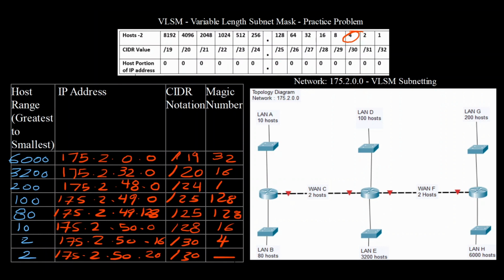So now that we determined the VLSM subnetting, we can go ahead and design our network. We have the table here. We have the IP address now for the network 6000.